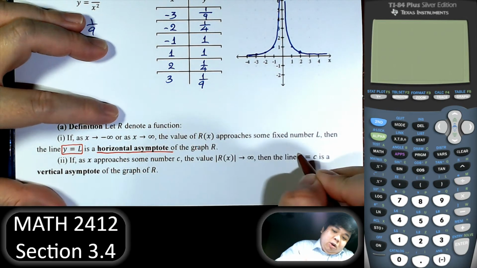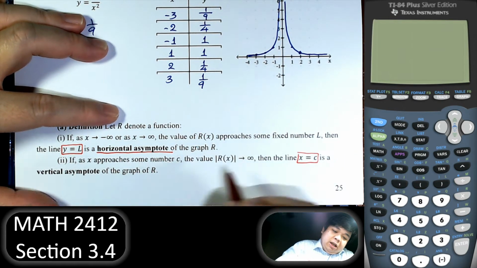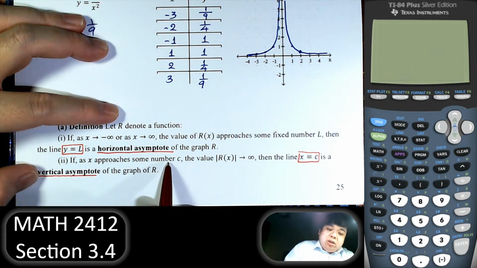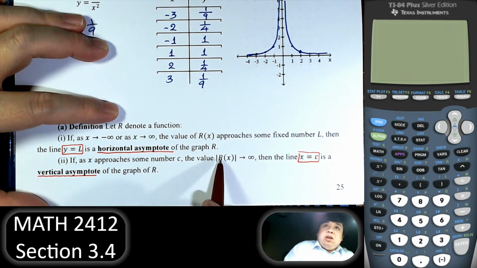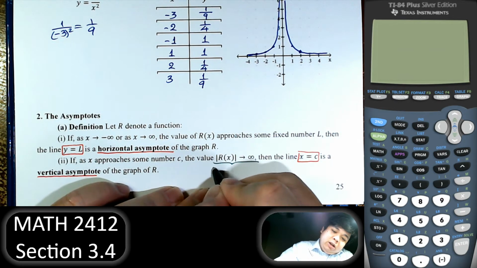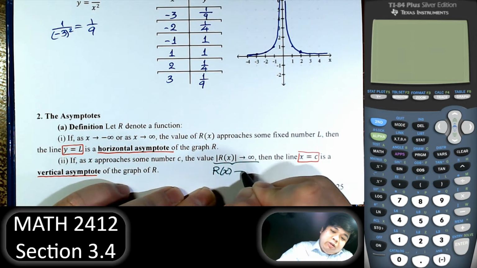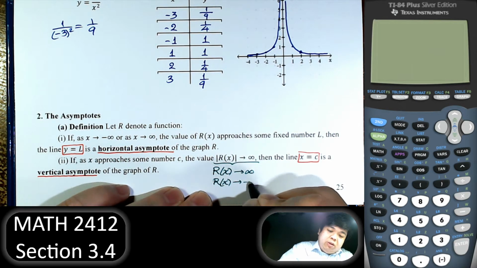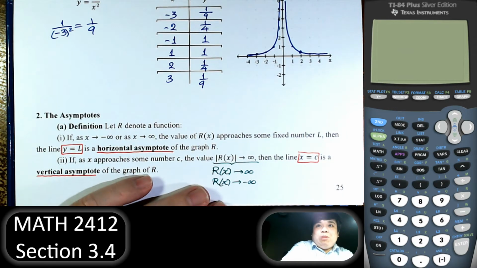And the equation x equals something is the vertical asymptote, if x approaches a number and the values of the function go to infinity. Of course, when we write it like this, we mean the function goes to infinity, or to negative infinity, or it could be something else.